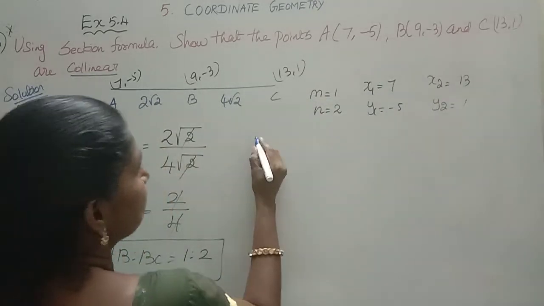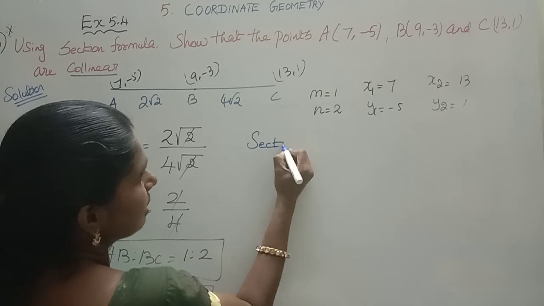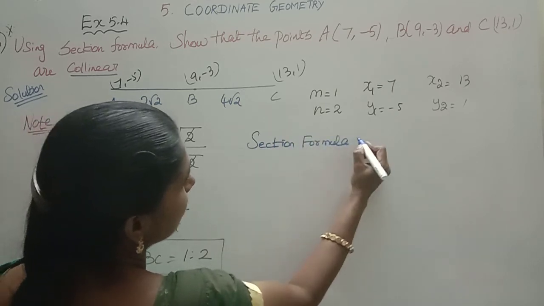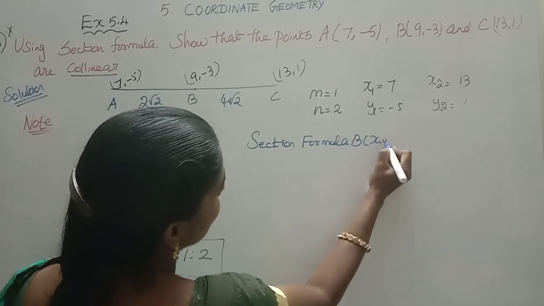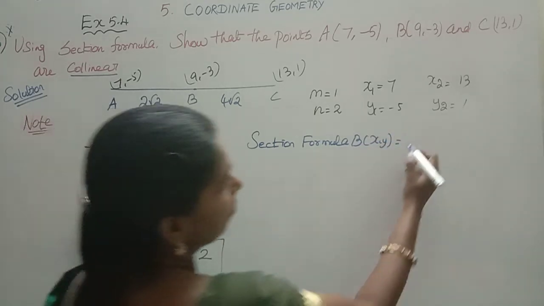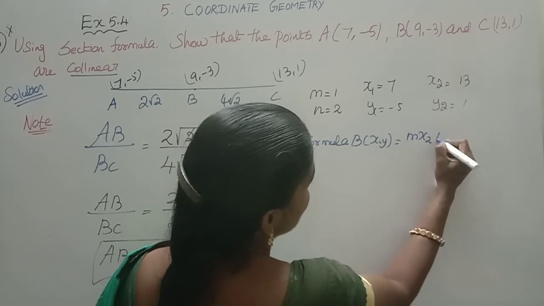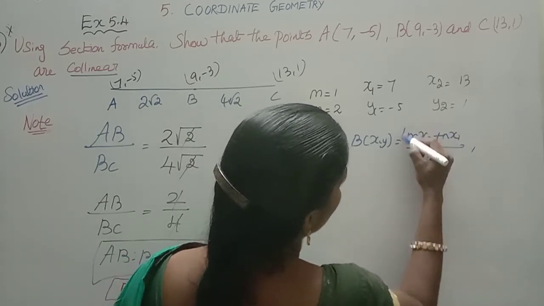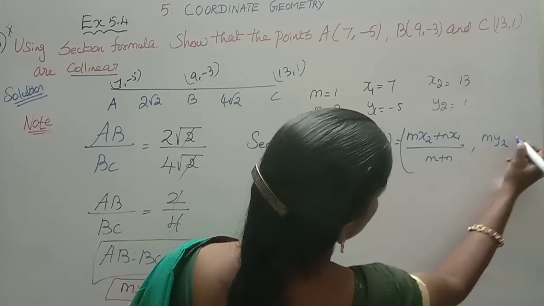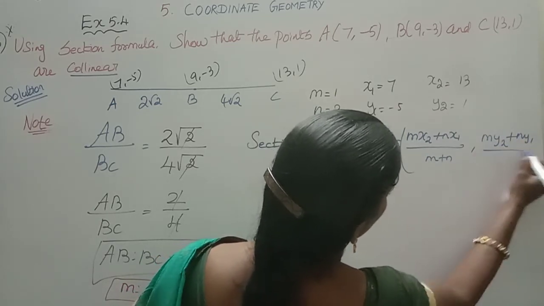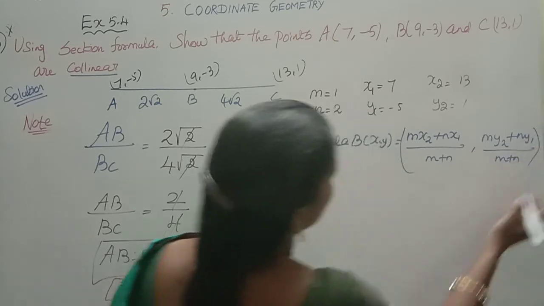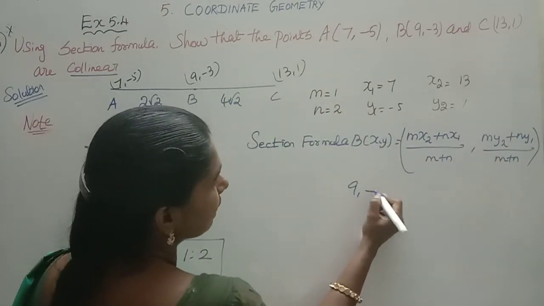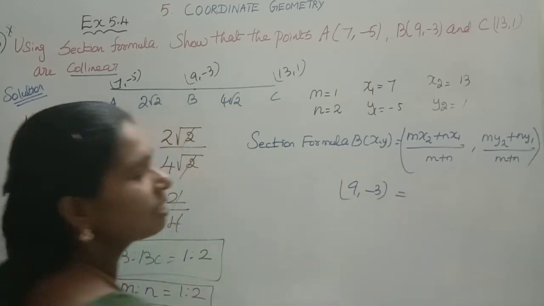So write the section formula for B of x comma y is equal to mx2 plus nx1 by m plus n, comma my2 plus ny1 by m plus n. Okay, shall we check? We are getting B of 9 comma minus 3, are we getting it or not? We will check now.